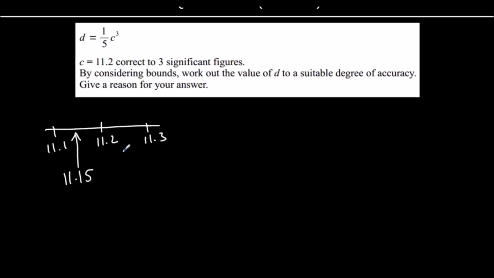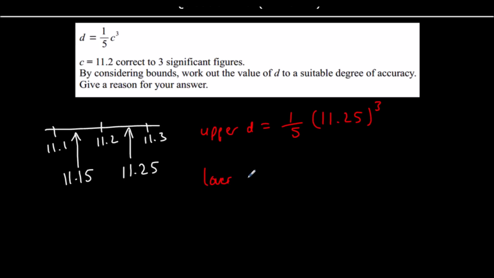So the lower bound 11.15, the upper bound's 11.25. So our upper bound for D is 1/5 of 11.25 cubed, and the lower bound is 1/5 times 11.15 cubed.